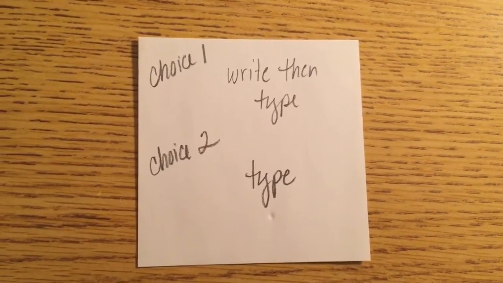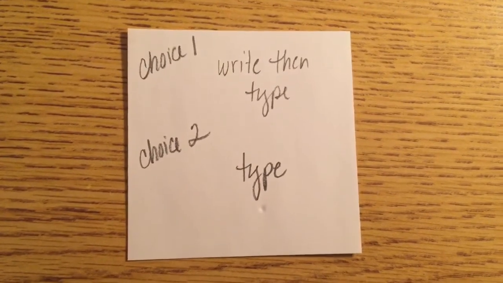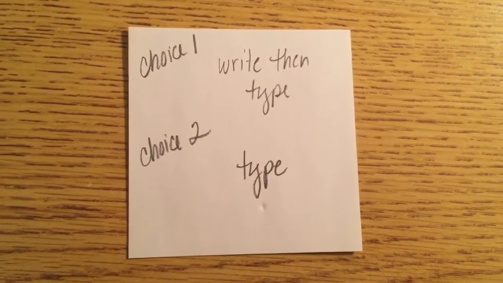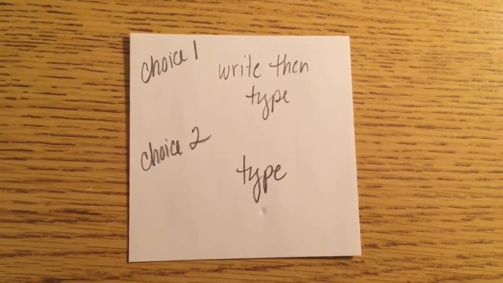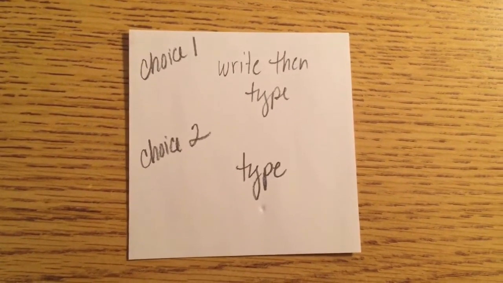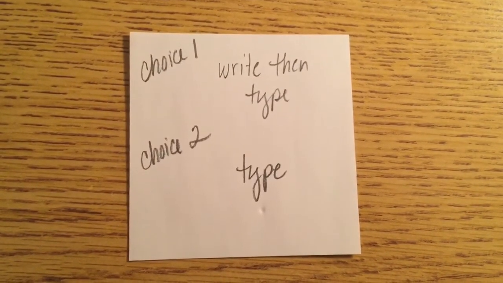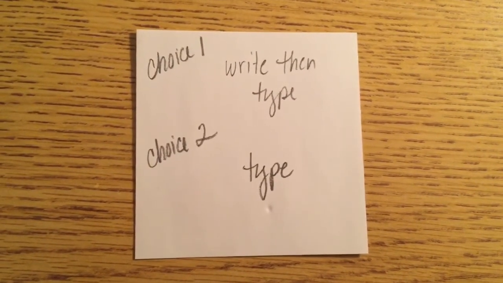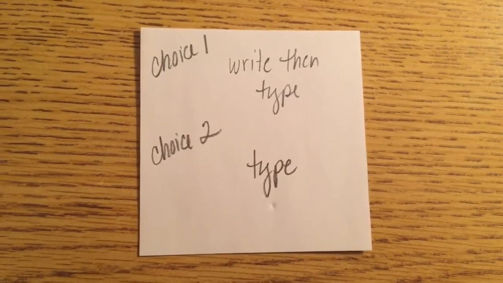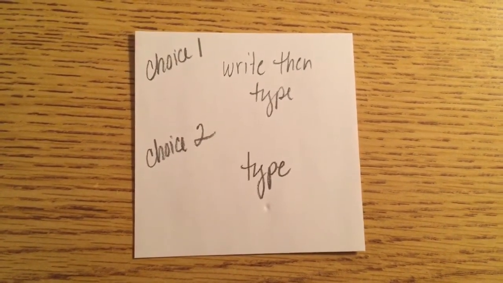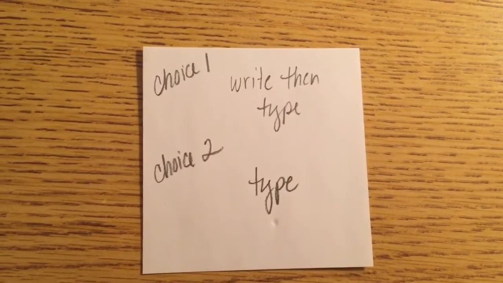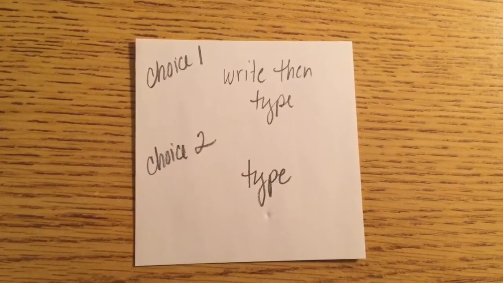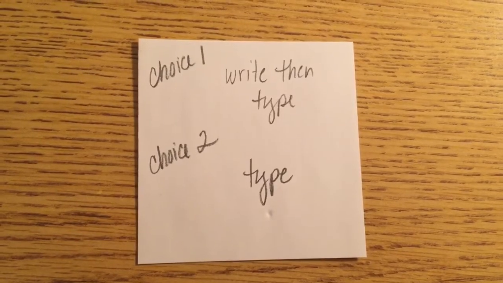Now, I'll be honest, some of you write much better when you actually use your hand and you write your pre-draft, your first draft, and then type it. Others of you actually create your writing better by just typing it, because you can go back and edit as your ideas are flowing. So all I want to encourage you to do today is to do a great job. Choice 1, you can write then type, or choice 2, type.